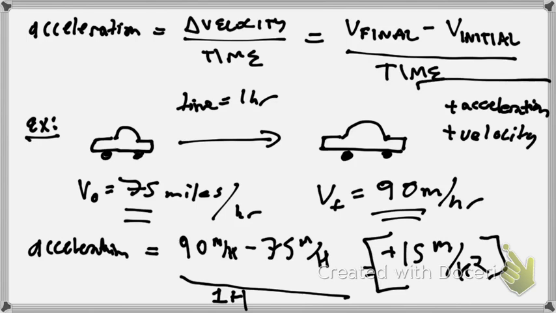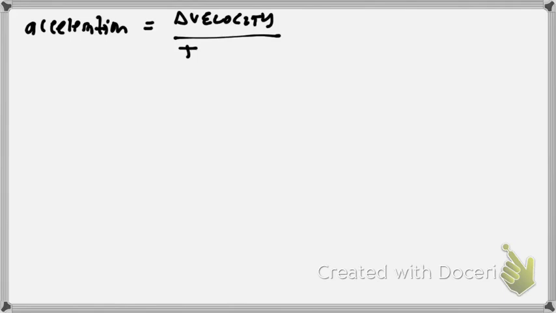Because of that, we have both positive acceleration and positive velocity. So now let's look at the next example, all right? Once again, acceleration is equal to change in velocity over time, right? And let's just say we have the same car situation, but the speeds are just slightly different, right?